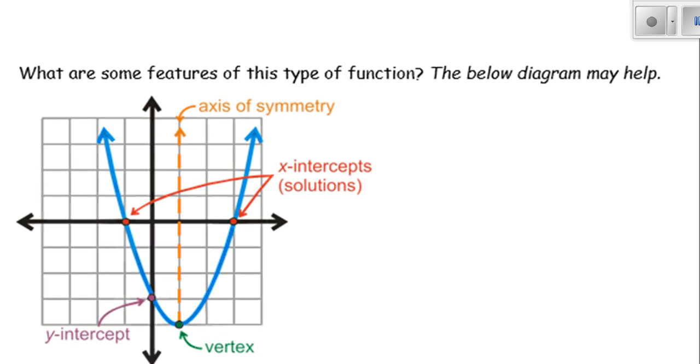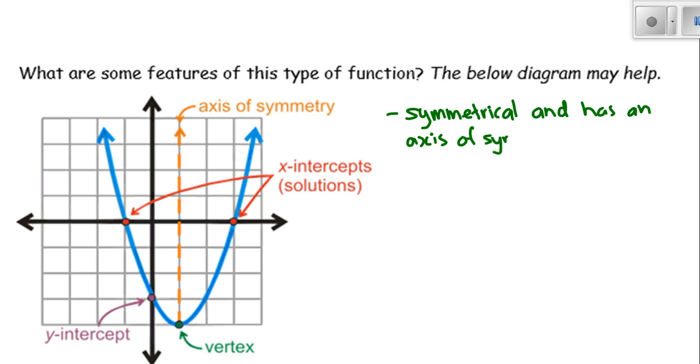So you might have realized from there it's symmetrical and has an axis of symmetry, which they've drawn. See the orange dotted line? The orange dotted line is the axis of symmetry.